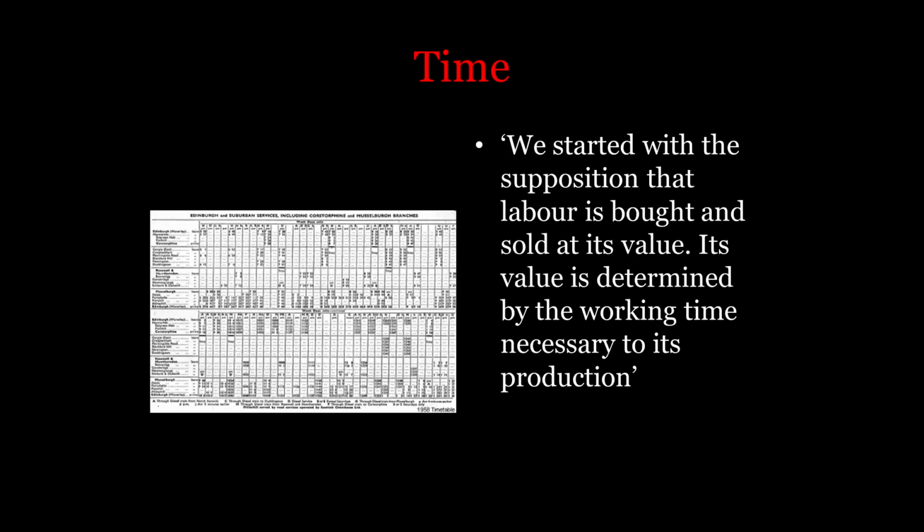Another is time. Capitalism, in a sense, invents time in the 19th century. We've got here on the screen a 19th century train timetable, Edinburgh and suburban services including Corstorphine and Musselburgh branches. This might seem banal and spurious, but train timetables in the 19th century are the means by which time becomes standardised.